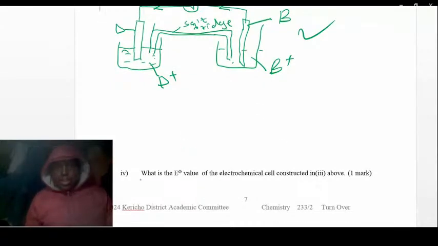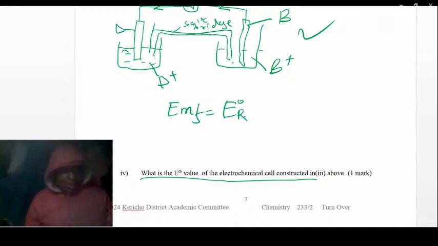The next question is to calculate the EMF for the cell above. So the EMF is equal to E standard of reduction minus E standard of oxidation. We have said which one will undergo oxidation: B will undergo oxidation, D will undergo reduction.